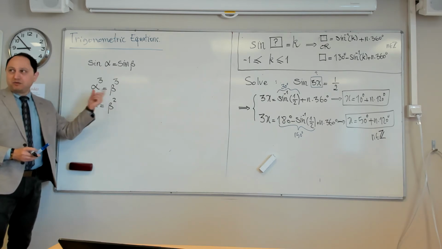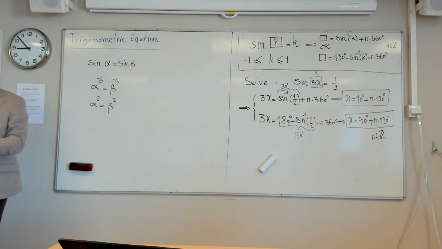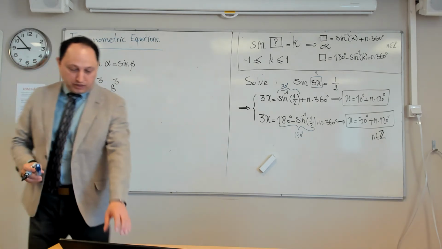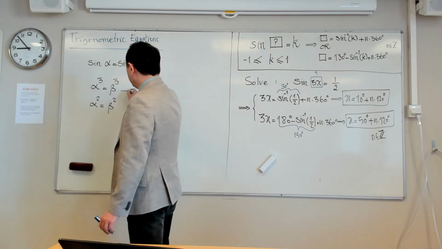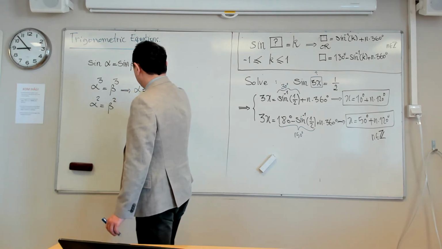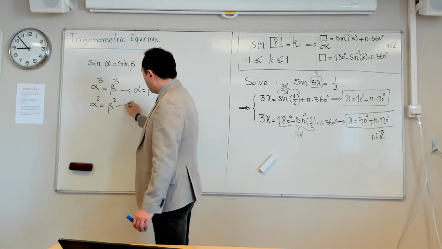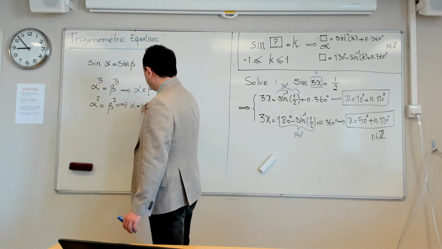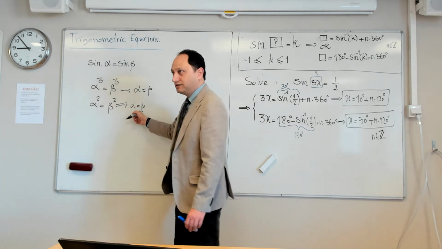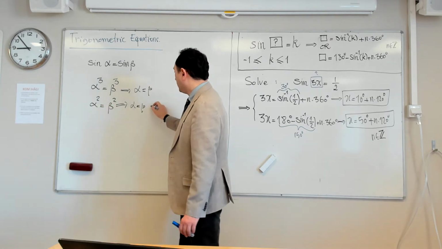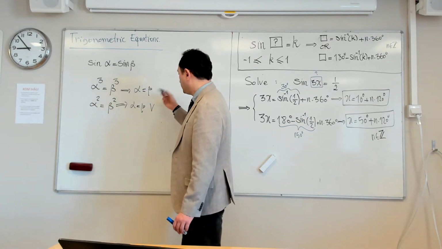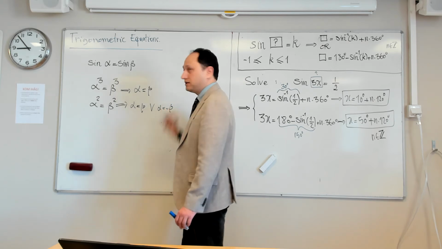Variables being the same is one option always, one possibility, but it might happen that there are more possibilities. Here, this was the only possibility. Here, of course, alpha equals beta is one possibility again, because if alpha is beta, the structures are the same. But there is, and this means or, another possibility which is minus beta.